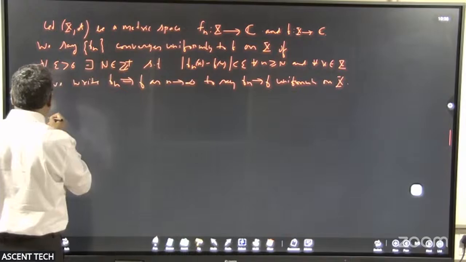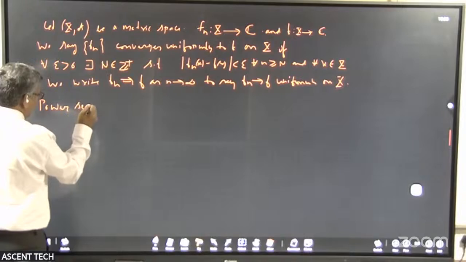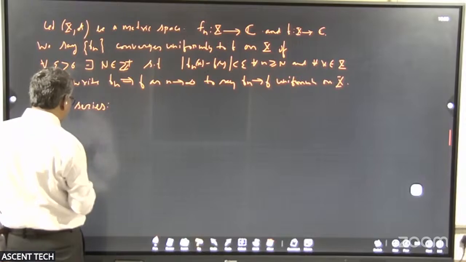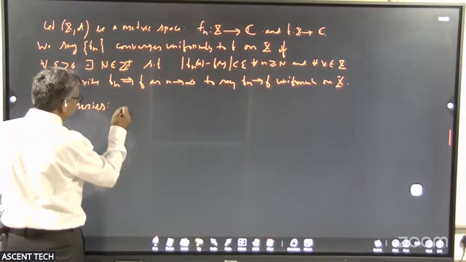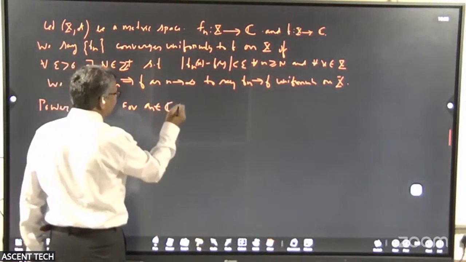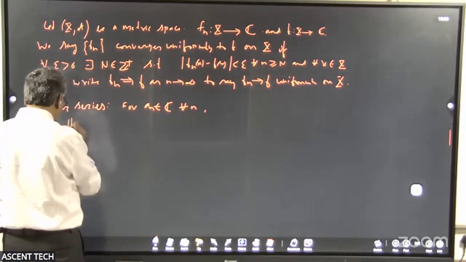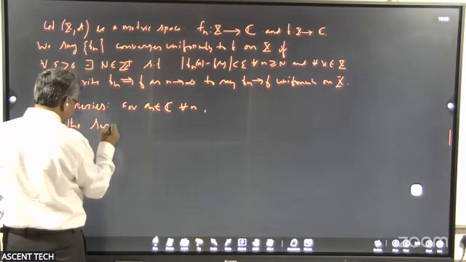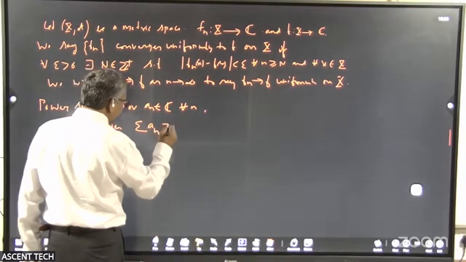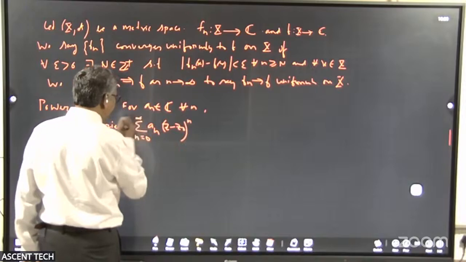Next, let me introduce what is called the power series. Let's say I have a sequence of complex numbers An, all complex numbers, for n. I'm going to look at the series sigma An (z minus z naught) to the n.